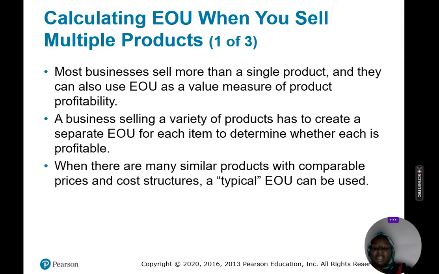Whichever the case, you can actually use the EOU to calculate this for multiple products. When you sell multiple products, you can still use the economics of units to determine this.